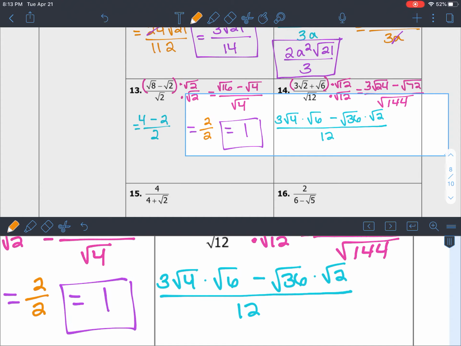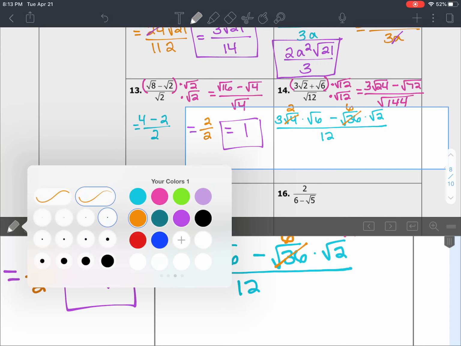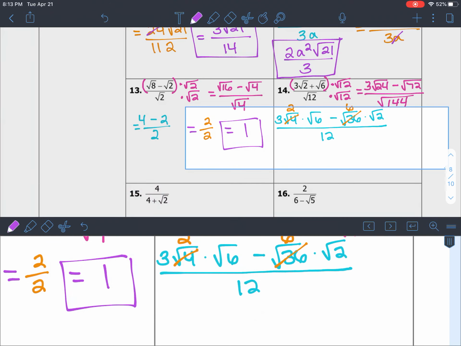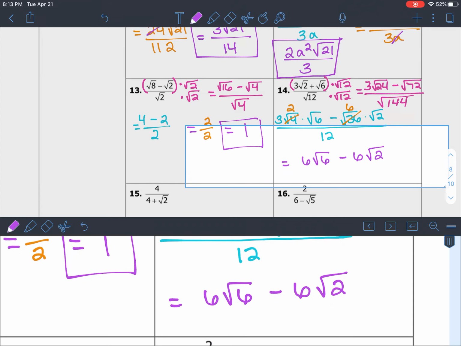So from here, I identify the things that I can simplify. So the first would be this 4 would become a 2, and this 36 is going to become a 6. And then I'm going to do my multiplication here. So I'm going to do my 3 times 2 to get 6 square root of 6 minus 6 square root of 2 all over 12.